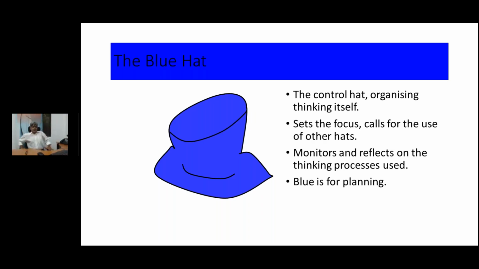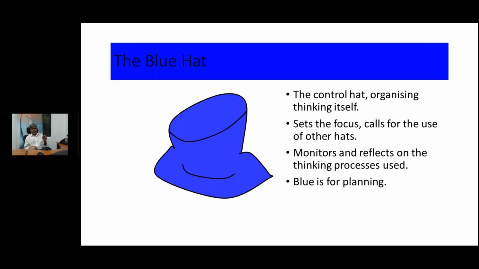The blue hat is actually the hat that controls the whole process. It is the manager hat. It is the administrator hat that controls everything, the flow of the information, the flow of the logic. And within your group, within your team, there might be a disagreement, there might be an exchange of hot words, right?